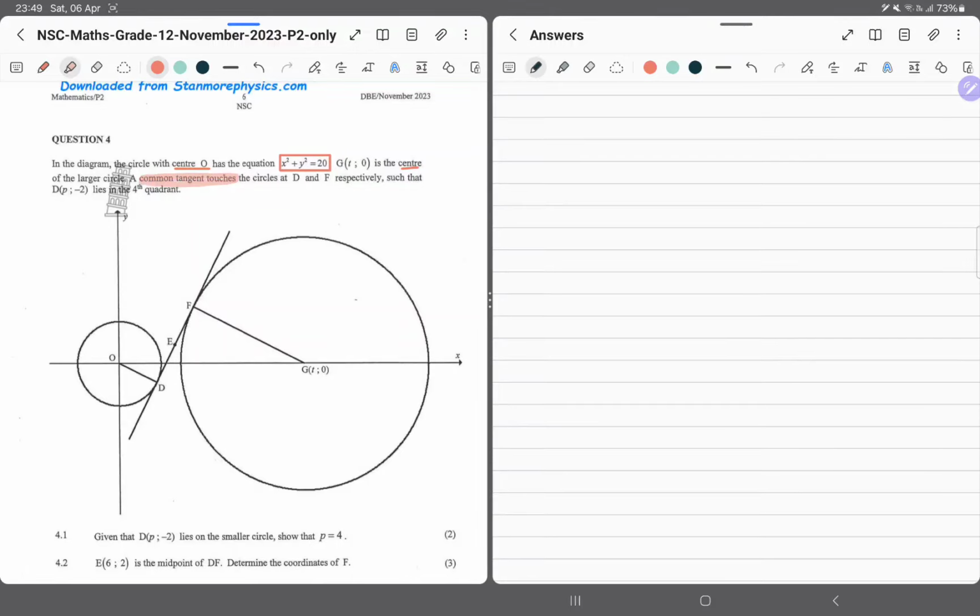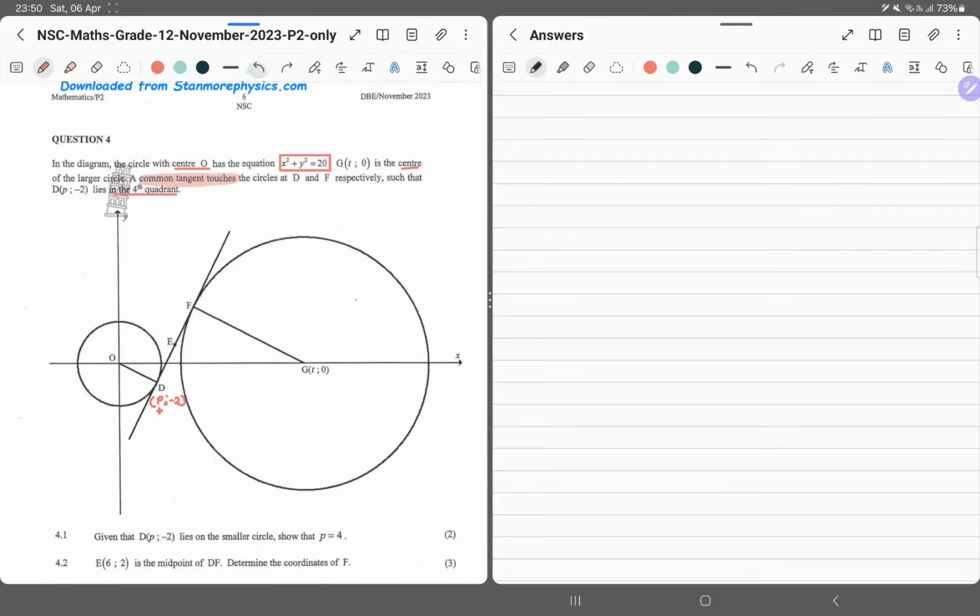A common tangent touches the circles at D and F respectively, such that D with coordinates p and -2 lies in the fourth quadrant. So this is also key to notice. So what does that mean about coordinates of D? If P is to -2, we know that P should literally be a positive answer.